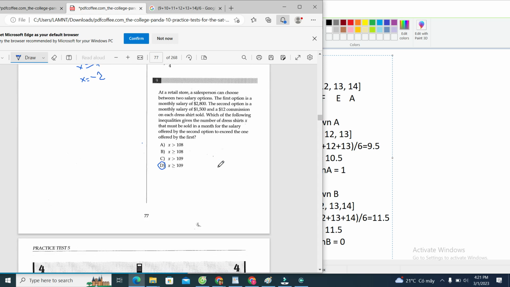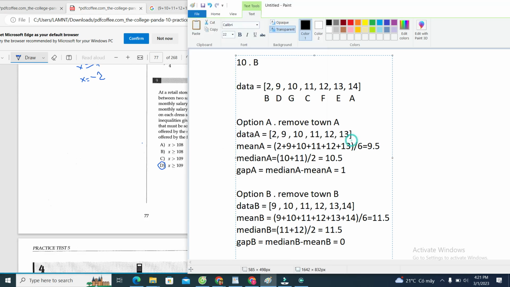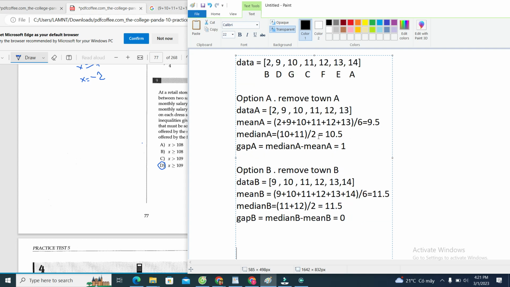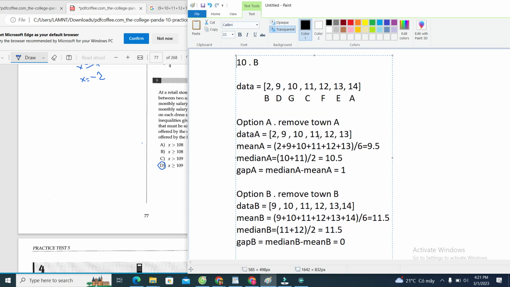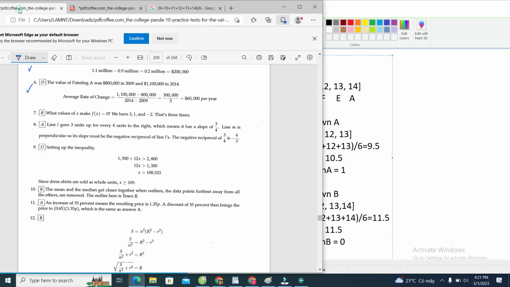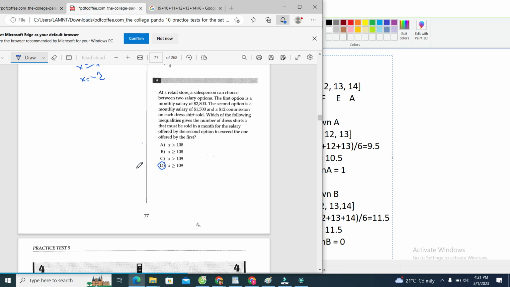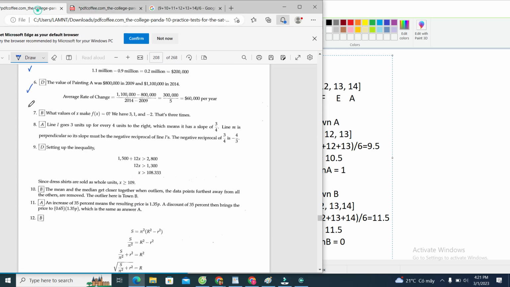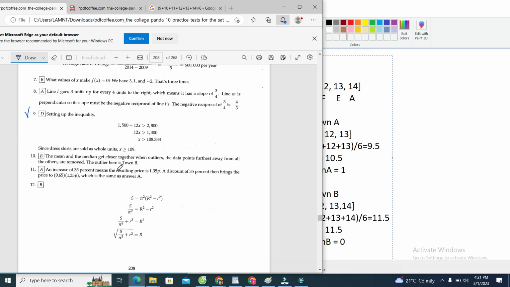Let's check for 9 and 10. For the answer to 9 we have D, as expected, and for 10 we have B.